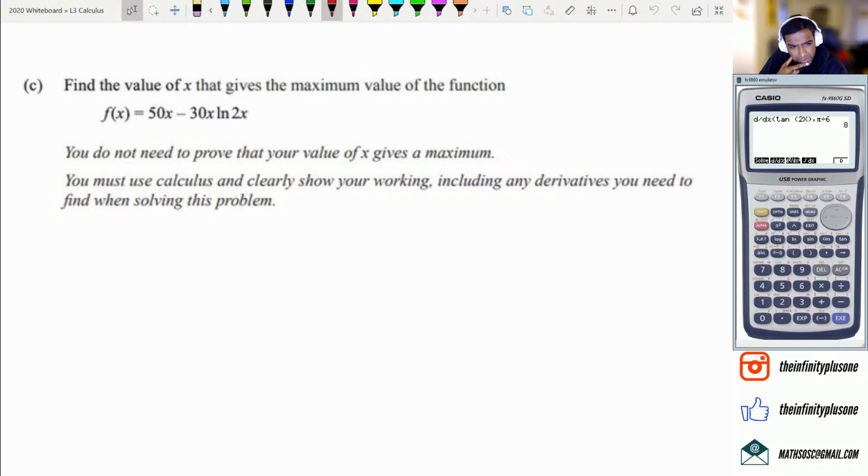B minus ax. Huh. You cheeky buggers. 2a squared minus 4ab.